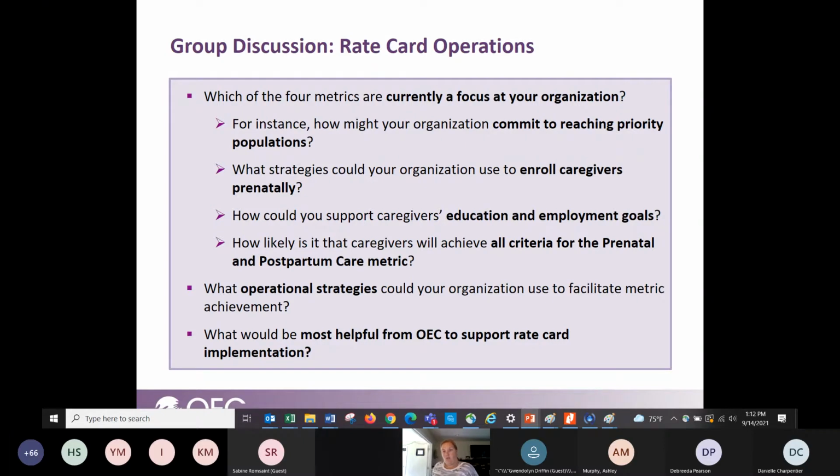Another one says all 4. Yep, so seeing that quite a few of these are focuses for different providers. There can be complications with enrolling prenatally.